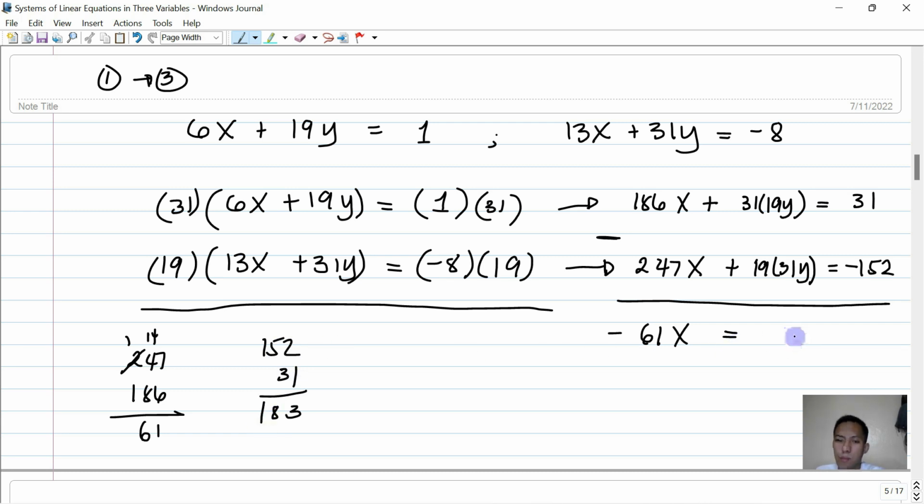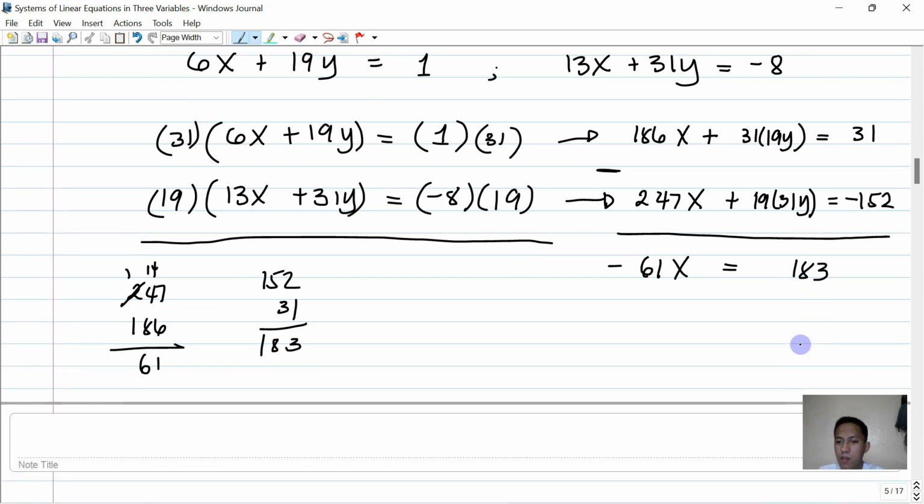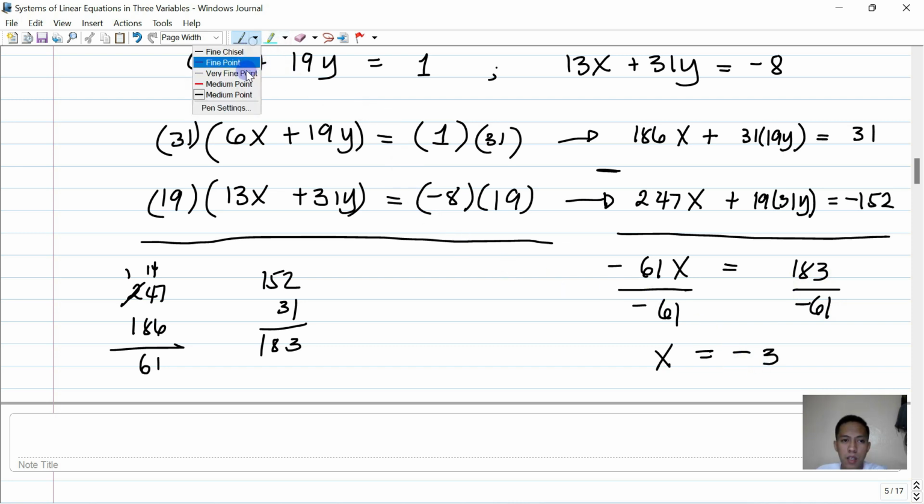So this becomes positive 183. And if we divide both sides by negative 61, x is equal to 183 divided by negative 61, which is just equal to negative 3. So x is negative 3.